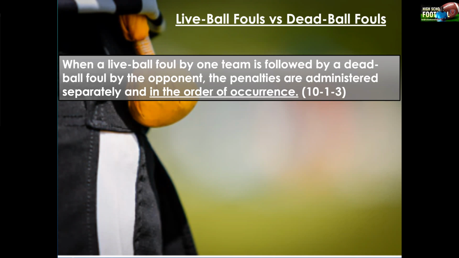Let's say we're on the B 20-yard line, A going in, and we had a pass interference on B, right? But then A got up and decided that they weren't happy about that, and so then they commit a dead ball foul, unsportsmanlike conduct, cursing, whatever the case may be, okay?